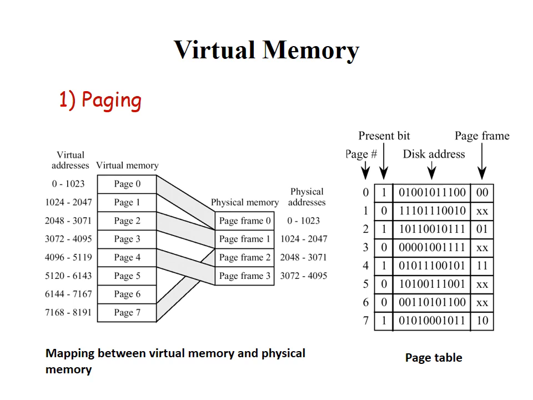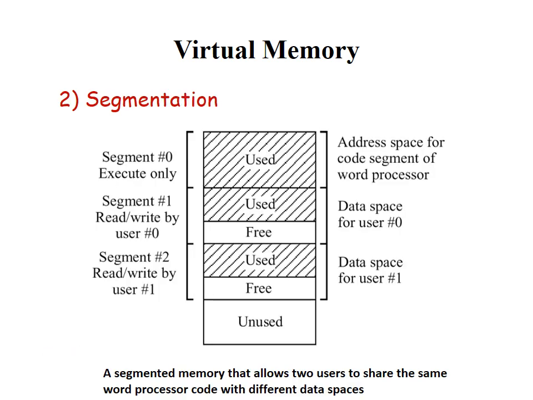In virtual memory we will be having different pages ranging from 0 to 7, and each of these pages will be having a virtual address of 1023, and these addresses will be mapped to the physical memory, that is page frames 0 to 3, and these physical addresses will be in the range of 1023. So this is the address value. We will be having a page table as well, and we can go for mapping the page values to the page frames.